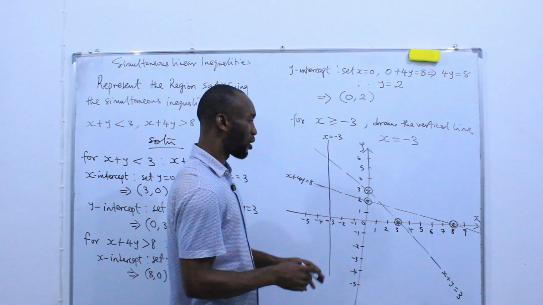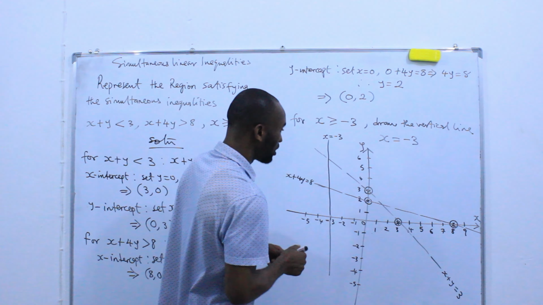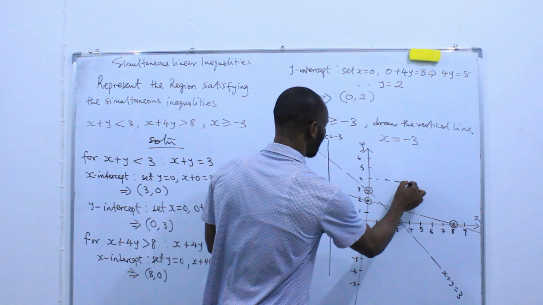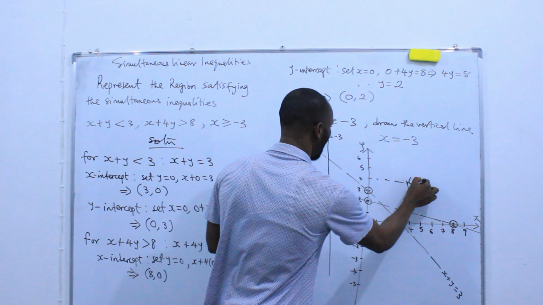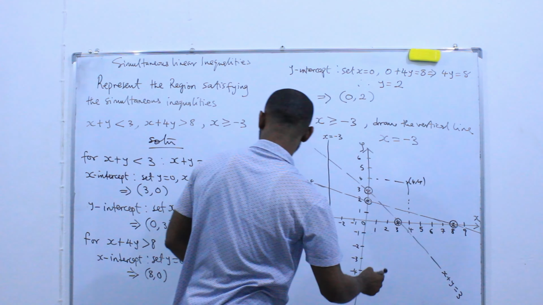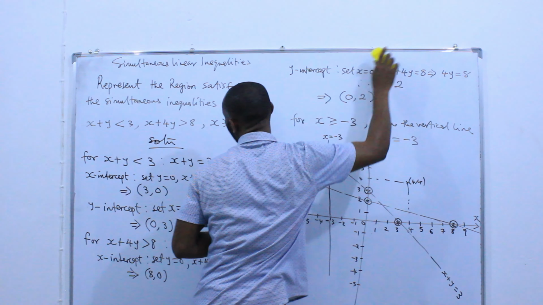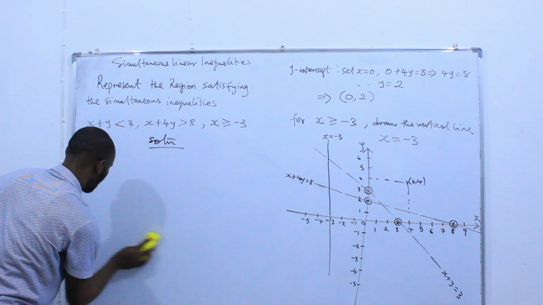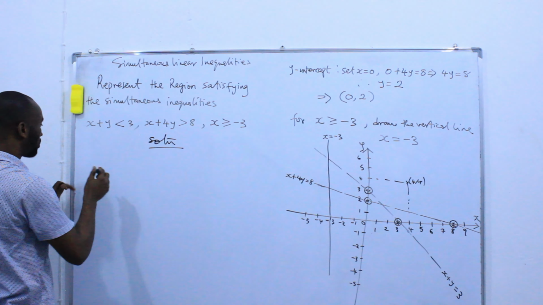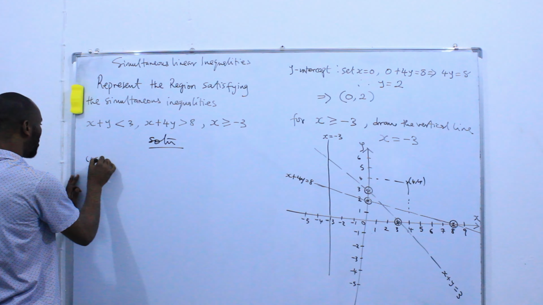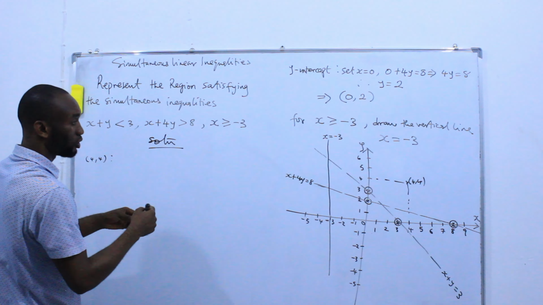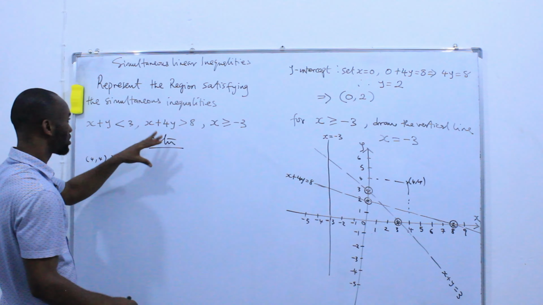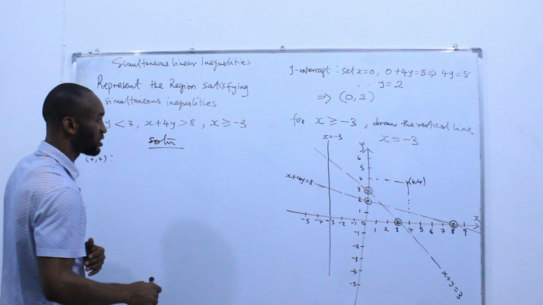So we're going to pick points to test each region. Now I'm going to pick the point 4, 4 to test the region up, to know if that region satisfies these inequalities.